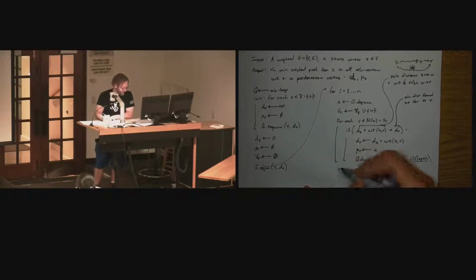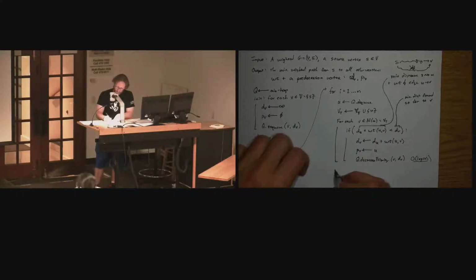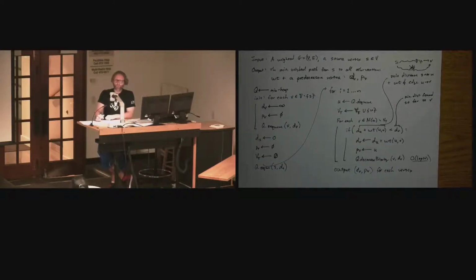And that's it. At the end, we output d sub v and p sub v for each vertex. Given that, you'll be able to reproduce the tree, you'd be able to reproduce the path, and of course you've got the weight as well. Okay?